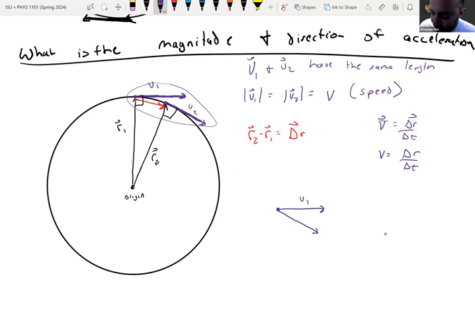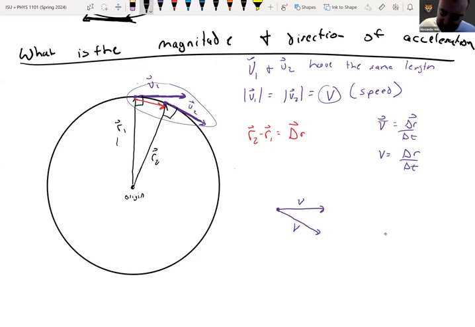It looks kind of like that. I'm doing this freehand the best I can. That was V1, that was V2. Instead of having them be V1 and V2, I'm going to have them both just be V, again reminding ourselves that these things are the same length.